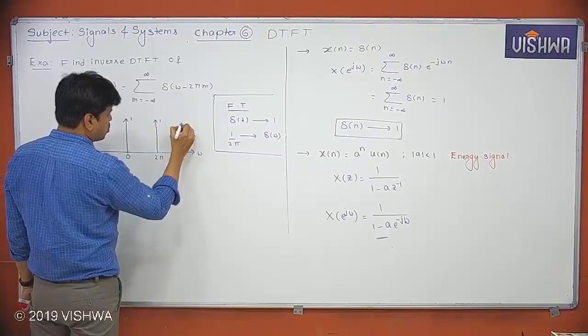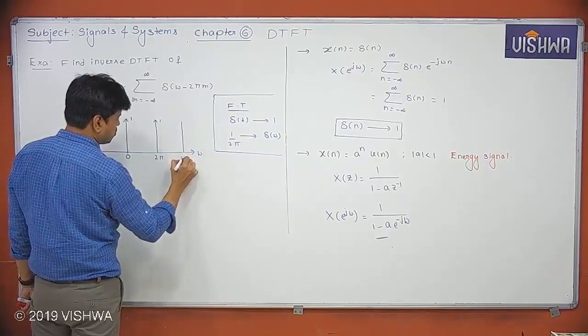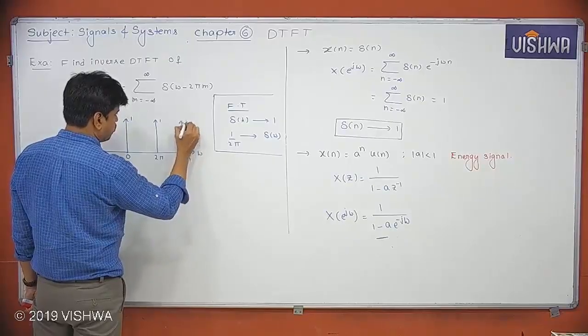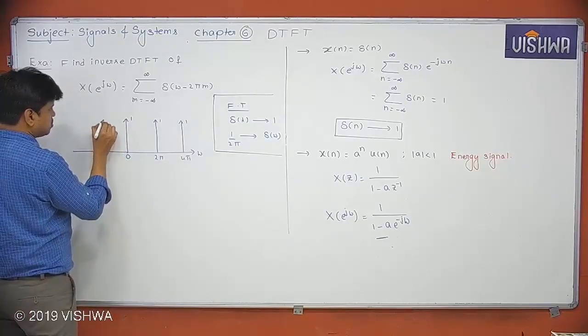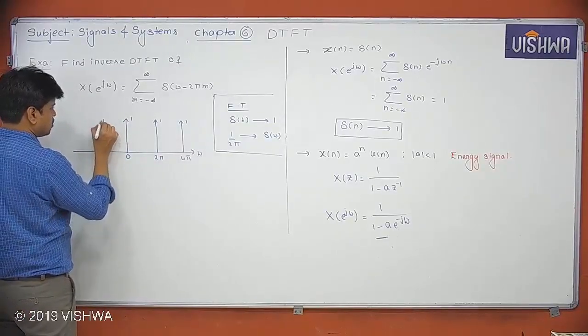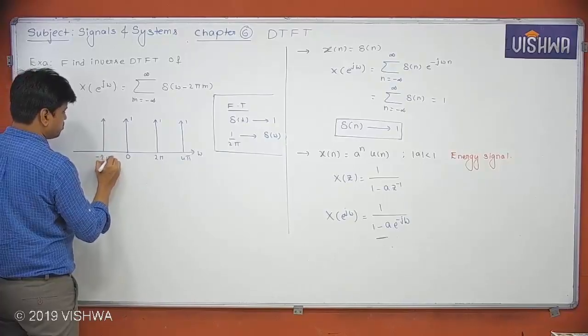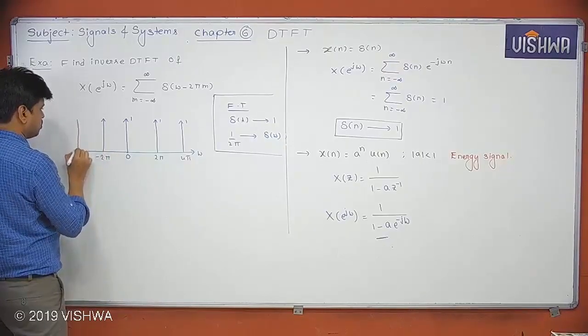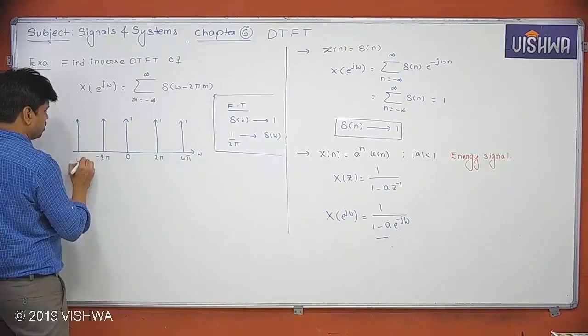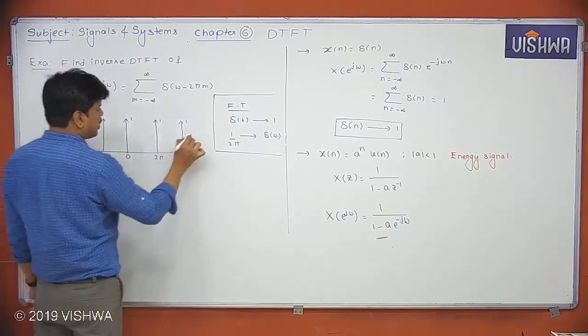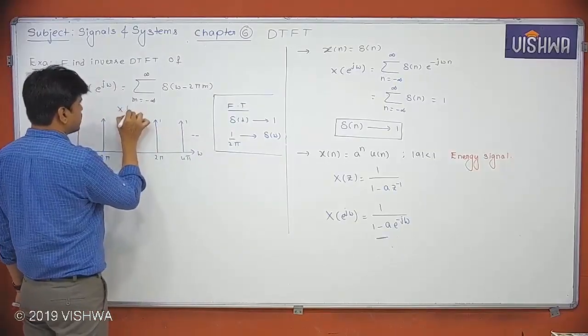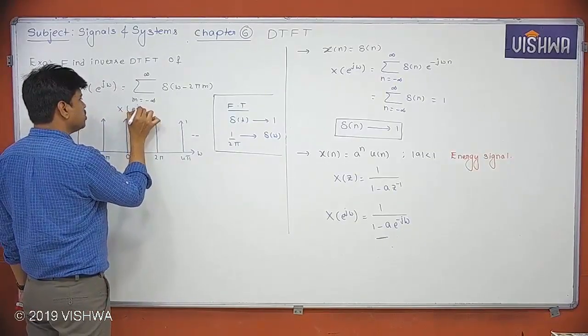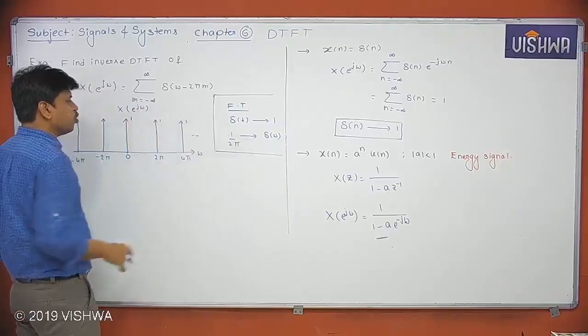If m is equal to 2, 4 pi. Minus 2, minus 4 pi.